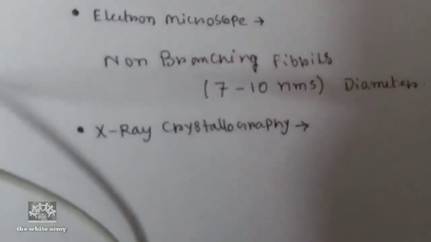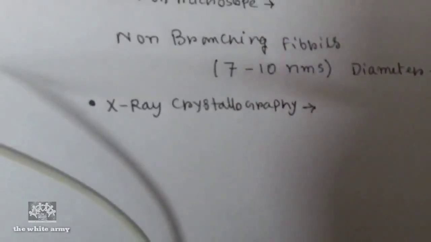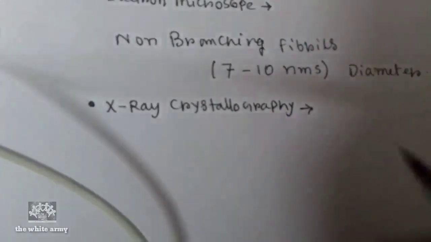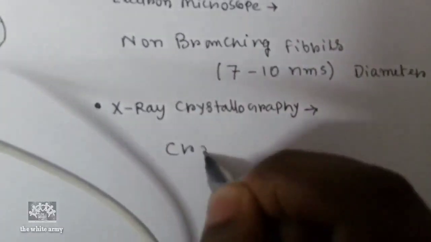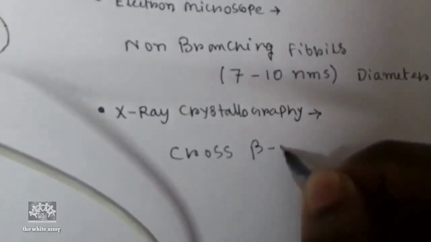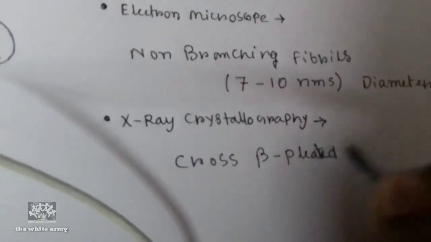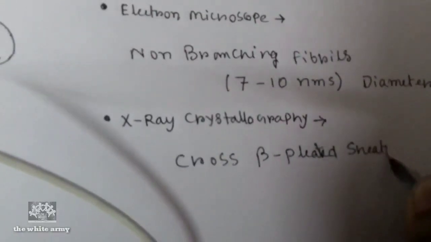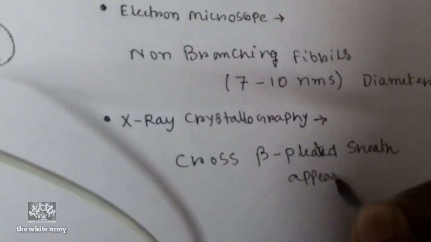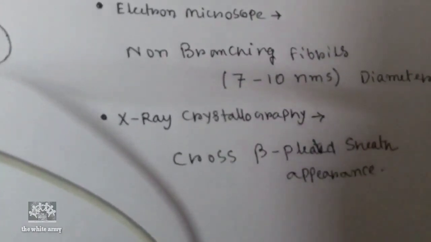And in X-ray crystallography we can see a cross beta-pleated sheet appearance.